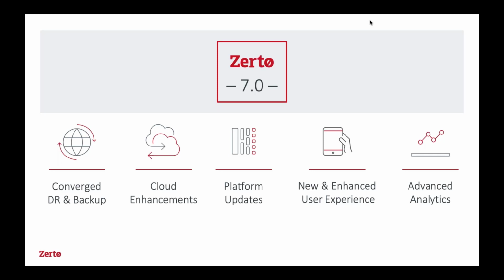When you start to look at cloud enhancements, we haven't forgotten about the customers who use us for that other leg of the stool, for that hybrid and converged cloud experience, be it with one of our cloud service providers or with one of the hyperscalers such as Azure or Amazon. We didn't forget about our existing customers who are using us just on the VMware platform as well, where we're bringing out platform updates that help them be more operationally efficient.